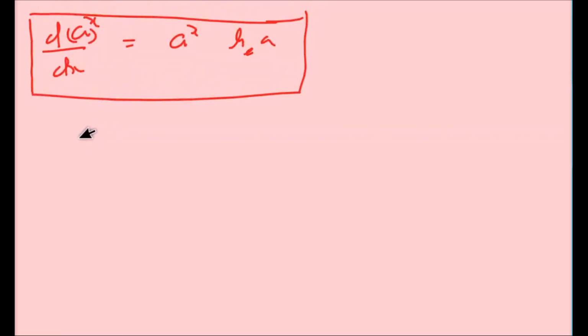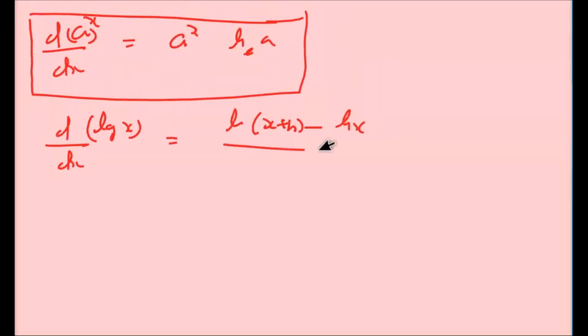Now if you want to take the differential of log x, so we can write here log(x plus h) minus log x upon h, h tends towards 0. This is the first principle, f(x plus h) minus f(x) upon h. We are using RHD.